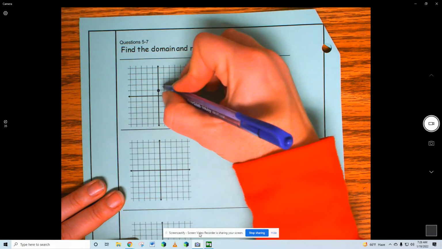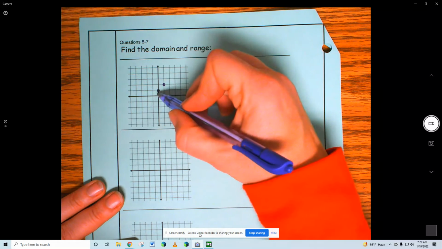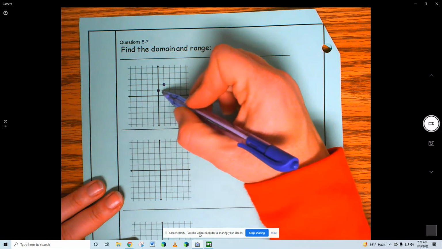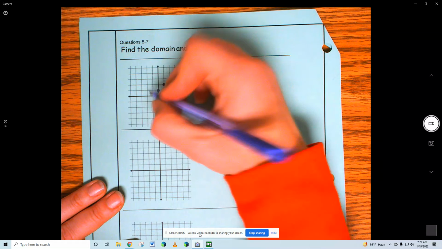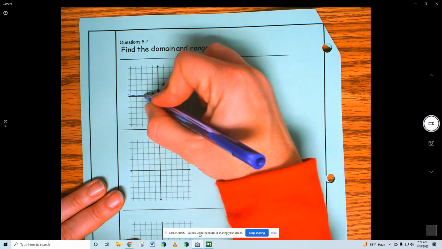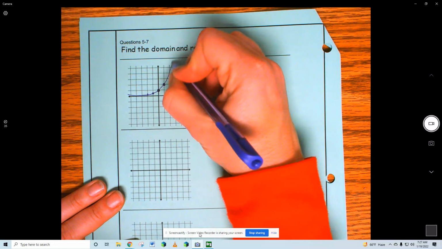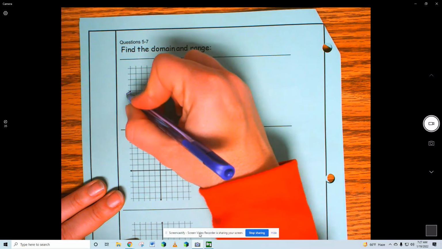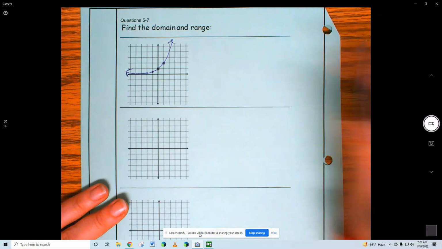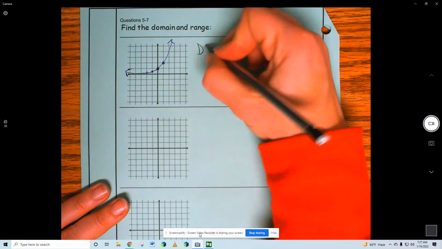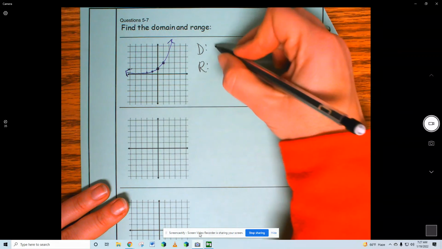I am drawing an exponential. I plotted a point at 0, 1, which is the y-intercept, at 1, 2, negative 1, a half. Okay. The domain is left to right.